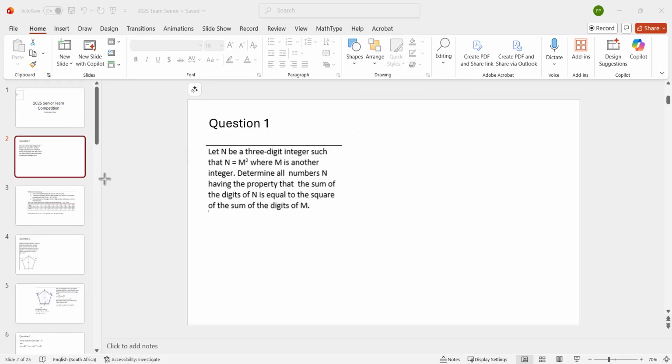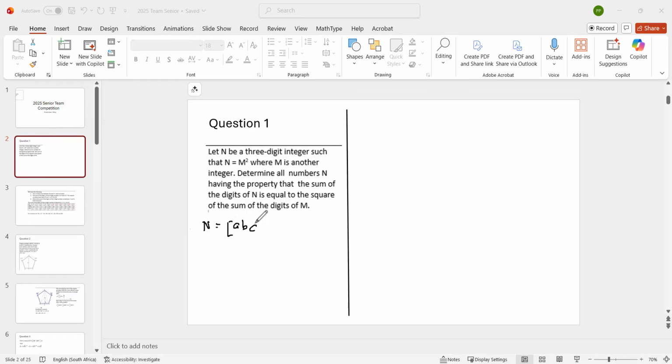All right, so let's try to solve this problem. So what do we have? We have that n is equal to m squared. And n is a 3-digit number, so we can say n is ABC, hundreds digit, tens digit, units digit.